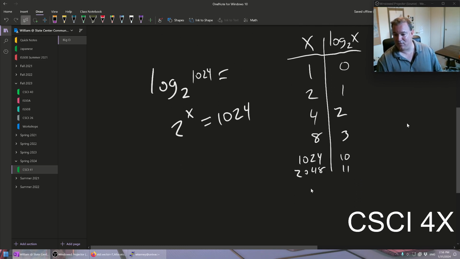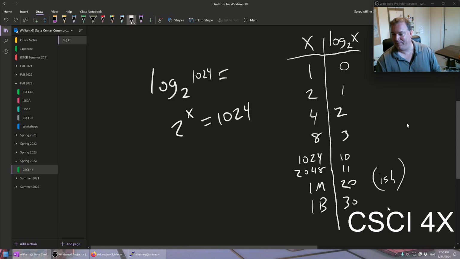What do you think? What is the log base 2 of 1 million? 20. What is the log base 2 of a billion? 30. Ish.